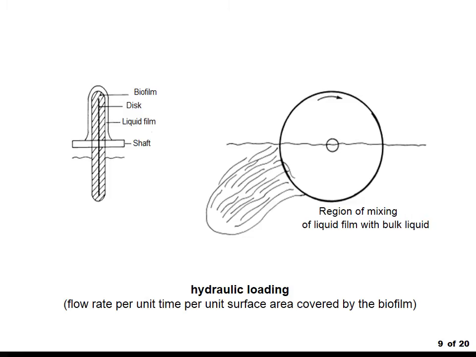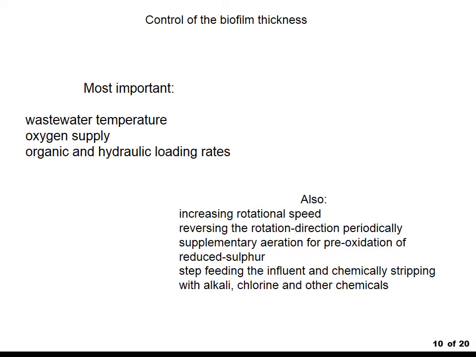Except for the biofilms, we also have formation of a liquid film, which helps part of the oxygen to be brought from the air to the wastewater, and this way we have better hydraulic loading. After all, we need to control the thickness of the biofilm, and this can be done thanks to wastewater temperature, oxygen supply, or different loading rates for organic matter.